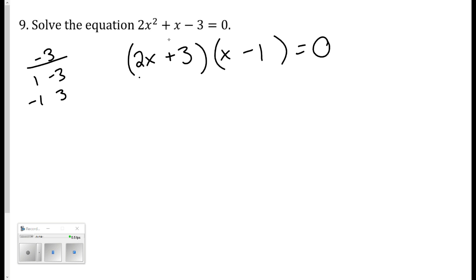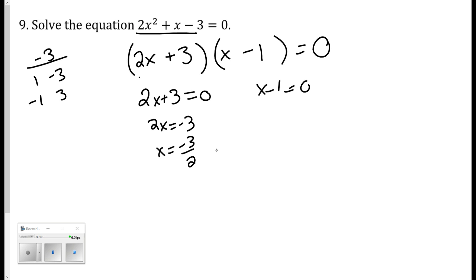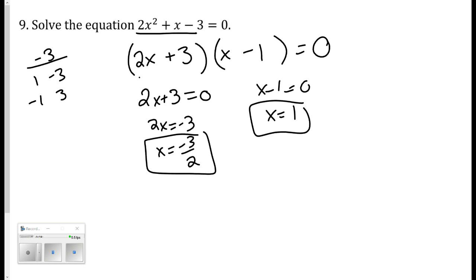So this trinomial is equivalent to the product of those two binomials. They're multiplied and equal to 0, so I can use the zero product property that says that's 0 or that's 0. Solving this, we get 2x is negative 3, so x is negative 3 halves, and x equals 1. So the solutions to that quadratic equation are x equals 1 and x equals negative 3 halves.